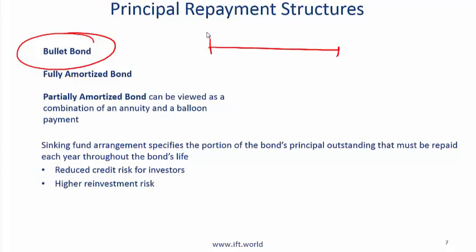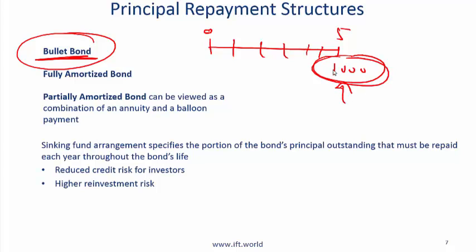So if we have a 5-year bond, then what's happening over the 5 years is that the issuer is paying interest, and if the par value is 1,000, then that 1,000 is all paid at the end. And this is called a bullet bond because that whole principal is like one bullet all at the end.